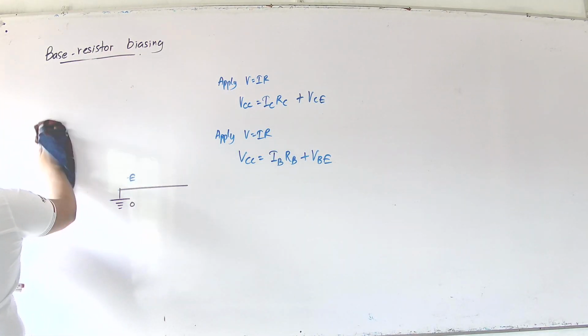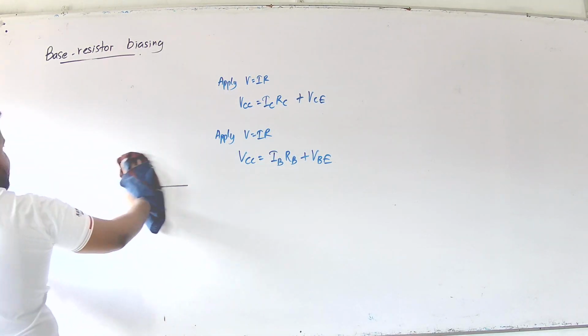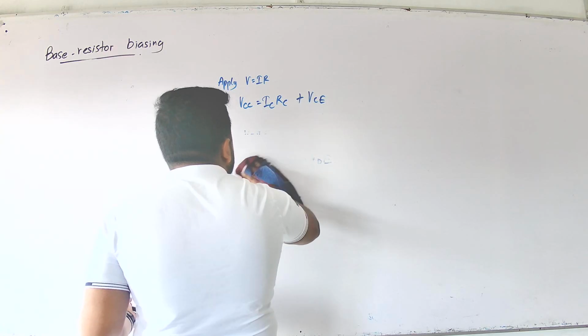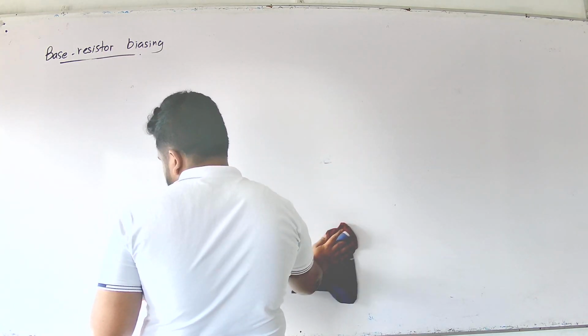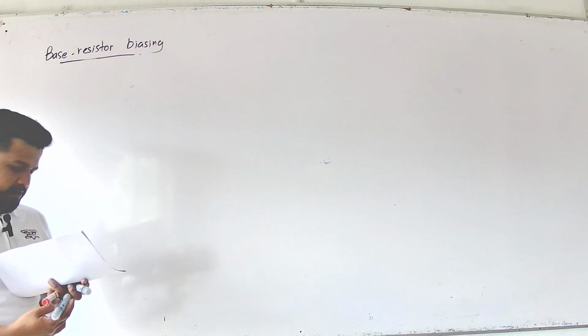Use the base resistor for biasing, and draw the relevant circuit.